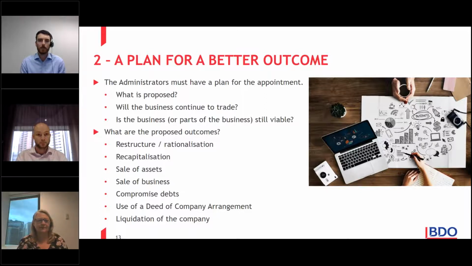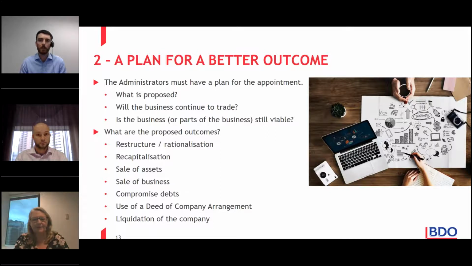I'm just going to very quickly touch on the DOCA process at this stage. The DOCA, a deed of company arrangement, often abbreviated to DOCA, outlines how the business is going to continue to trade following a VA. That's where, at the end of the VA, the creditors decide that's the future that they want.